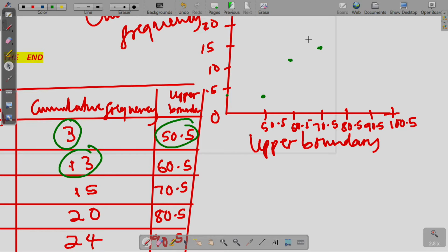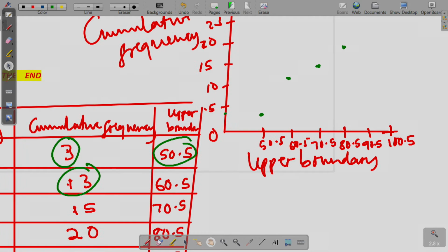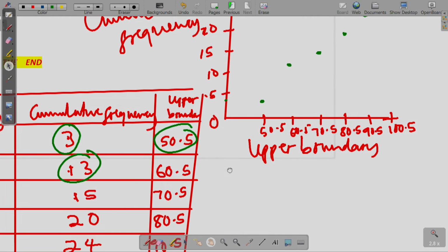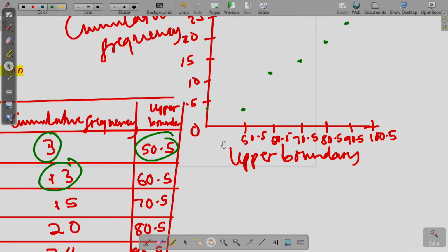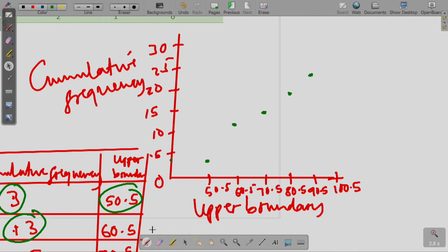And also we have 20 and 80.5. These points. And also we have 24 and 90.5. And here we have 24. And also we have 27 and 100.5. 27.